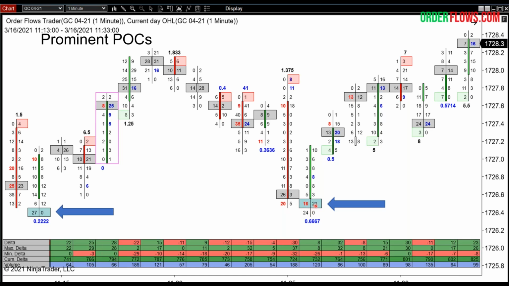These points of control matter. There was something interesting in the volume, right? That is telling you that, hey, you know what? You have support here. So I know I've got support as it's forming rather than waiting for this market to break out. I know already, yeah, the order flow is telling me there's some good passive buying happening down here.